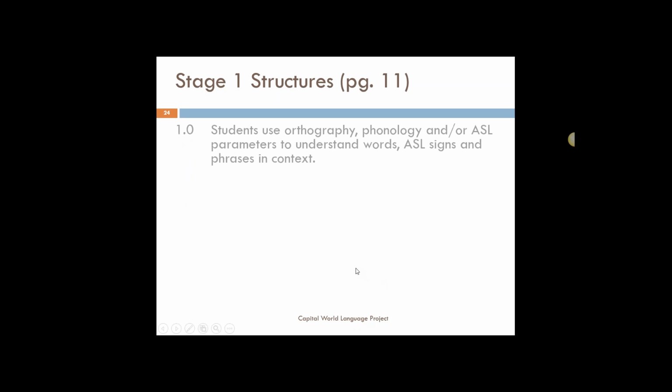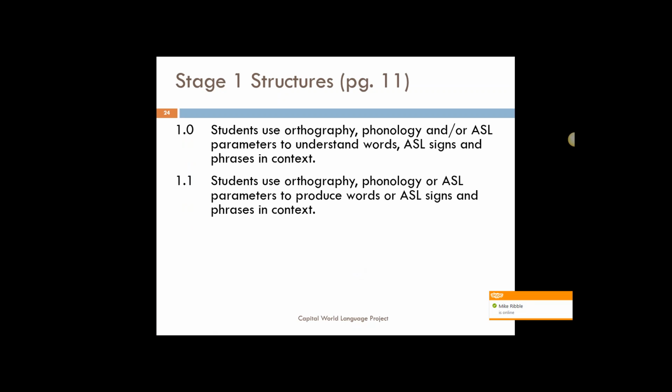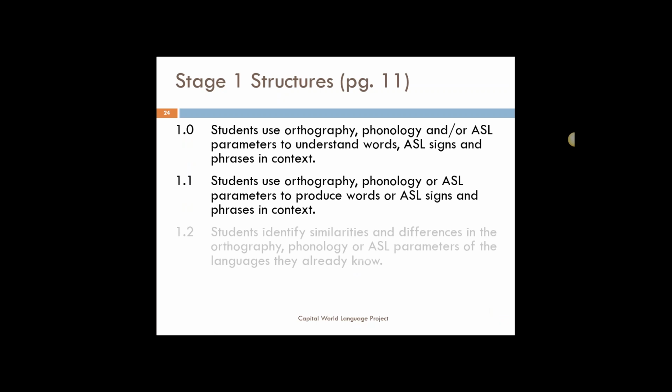Let's take a look at page 11 in stage 1 structures, and you have 1.0, 1.1, and 1.2. So you've got them using the phonology, orthography, and so on to understand. They're using it to produce, and they're identifying similarities and differences. So really what we've got here is 1.0 is almost the interpretive. They're understanding things. 1.1 is the presentational.